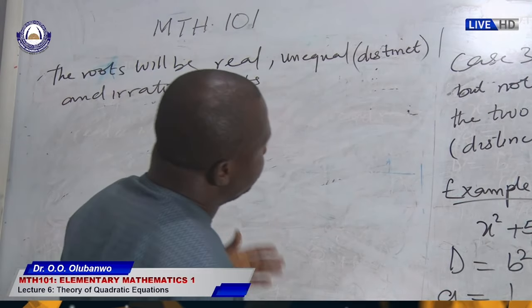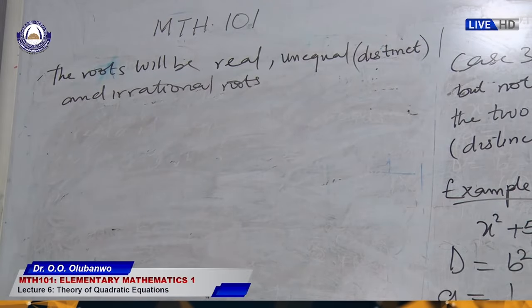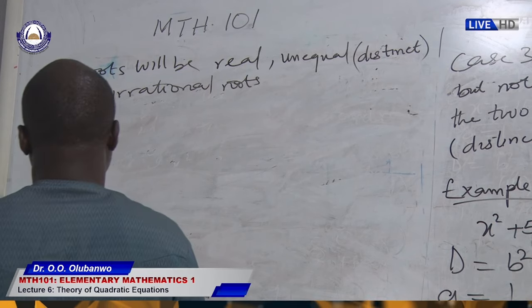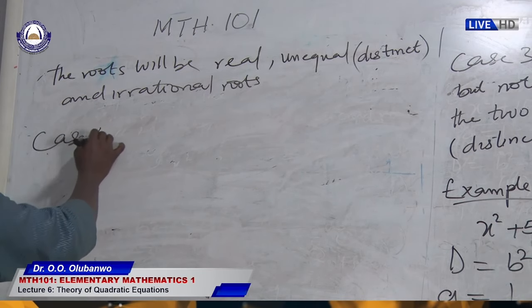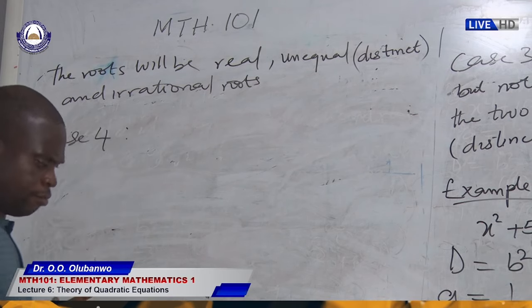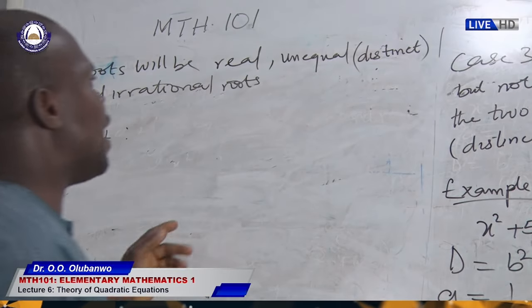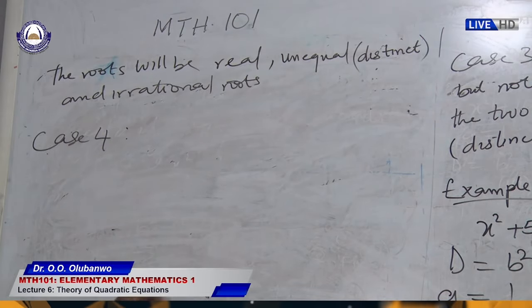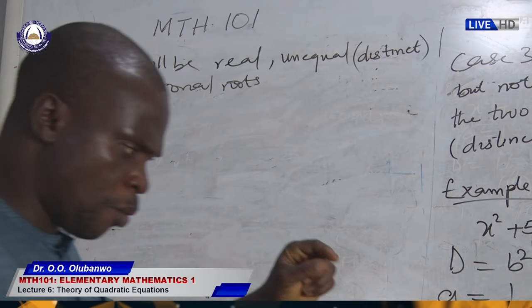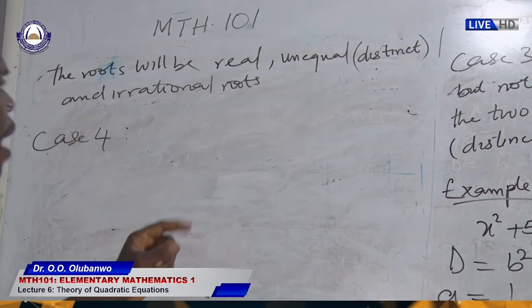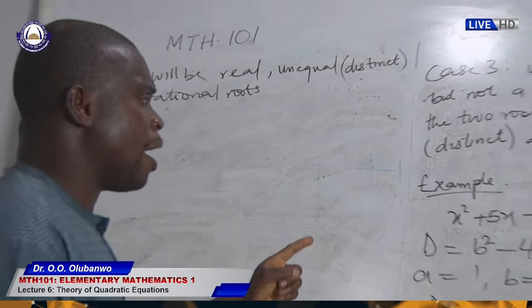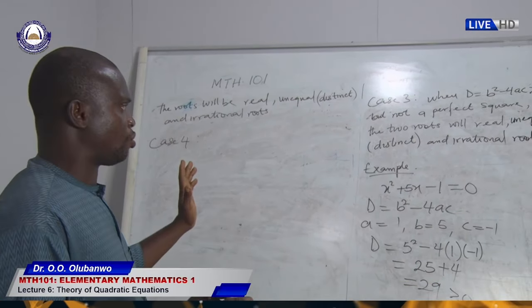Now, please let's go back before we look at the last case, the fourth case, case 4. If we recall, for case 1 we said when b squared minus 4ac is equal to 0, we are going to have real equal roots.